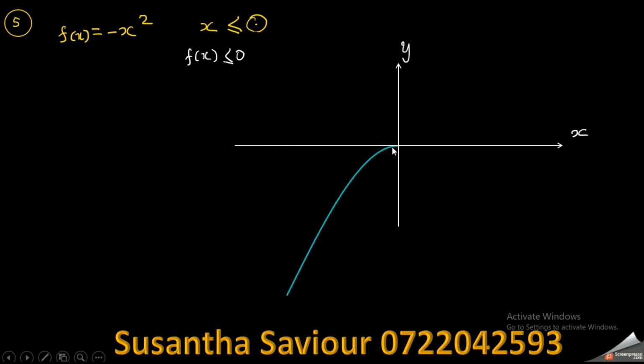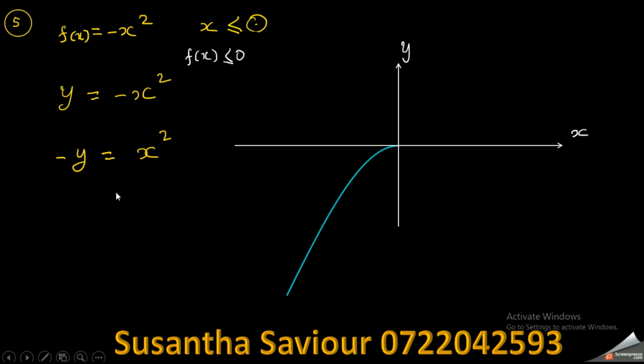this is the original function, right? This portion is not there, right? We will try to find the inverse function now. y equals minus x squared, then minus y equals x squared. Now you have a problem how to take the square root of this negative, right?